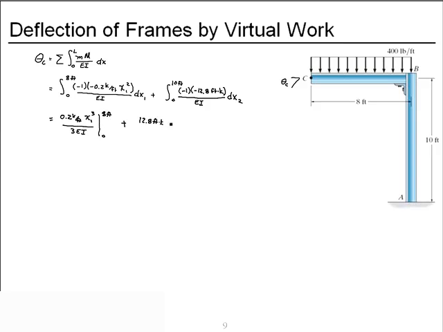That's a constant, so we'll get x2, that's the power of 1, so a 1 EI integrated from 0 to 10 feet.